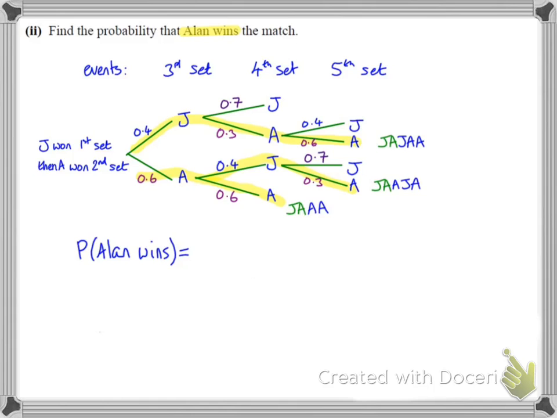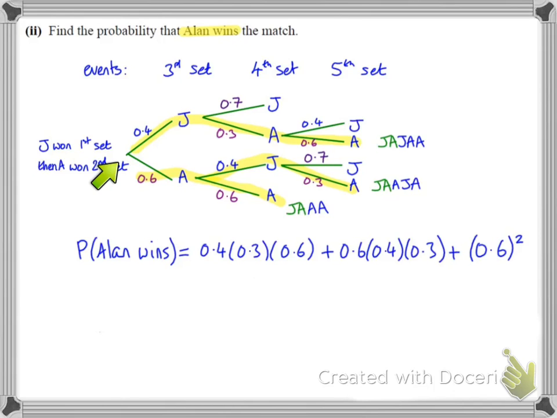Or we use another branch, and when we have or, we add up the probabilities. So our probability of Alan winning is going to be made up of the probabilities along this first branch, so 0.4 multiplied by 0.3 multiplied by 0.6, then or, so we add on the probabilities along the next branch, so 0.6 multiplied by 0.4 multiplied by 0.3, and finally we can add on the last branch here, so we've got 0.6 multiplied by itself, so 0.6 squared.